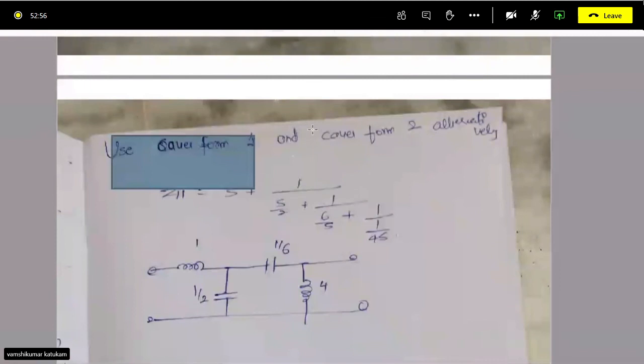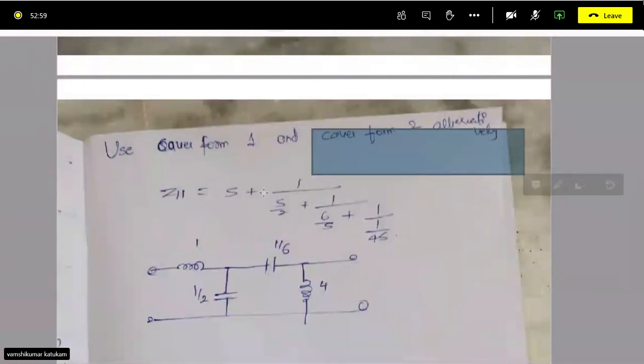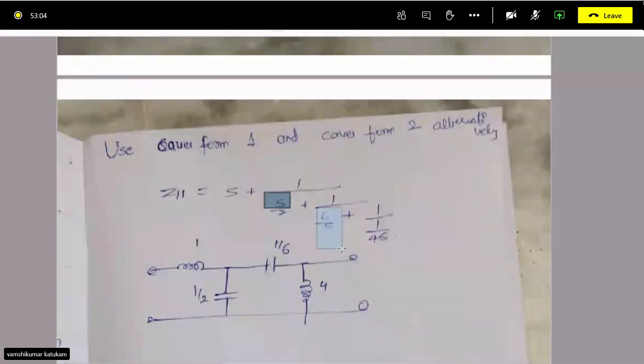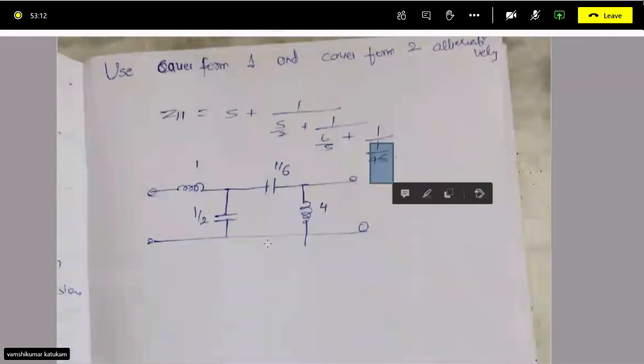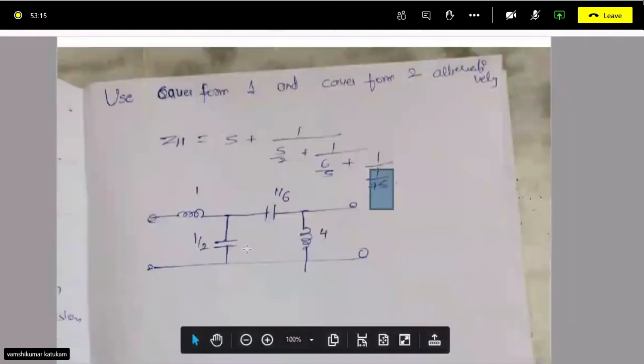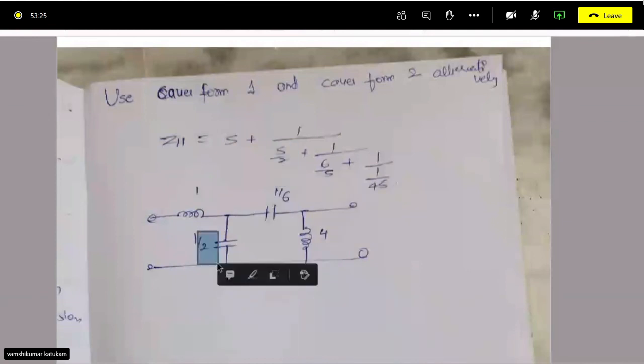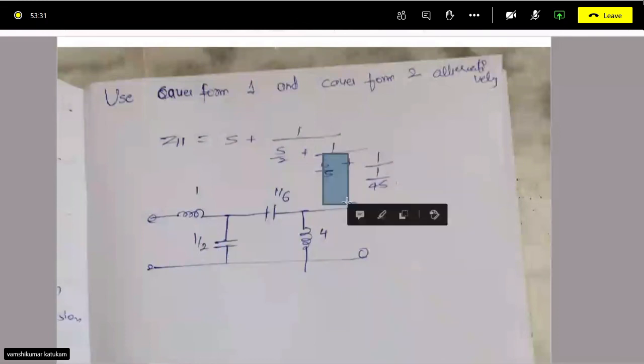Cauer form 1 has S, Cauer form 2 has 1 by S, and Cauer form 1 again S. So again you have S, 1 by S, 1 by S, alternatively. If you do the division, you will get it. Then in that case you will have an LC network like this, because S is an inductor, 1 by S is a capacitor, again an inductor, that way.